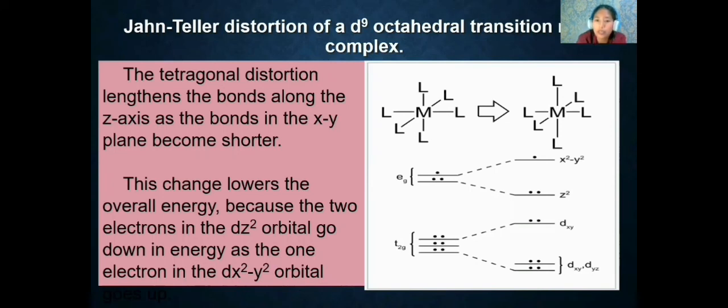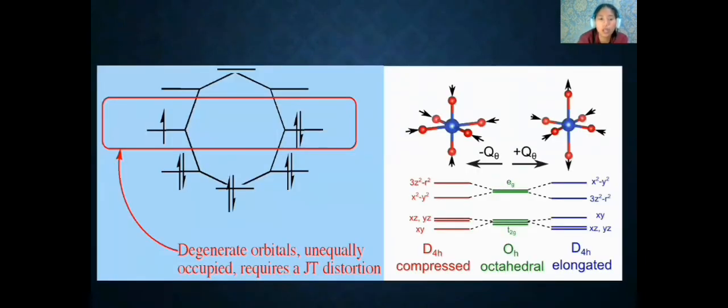All right. So this elongation minimizes the repulsion of the electrons. That's why the structure of the transition metal complex is being distorted. So we have here degenerate orbitals in the red box.